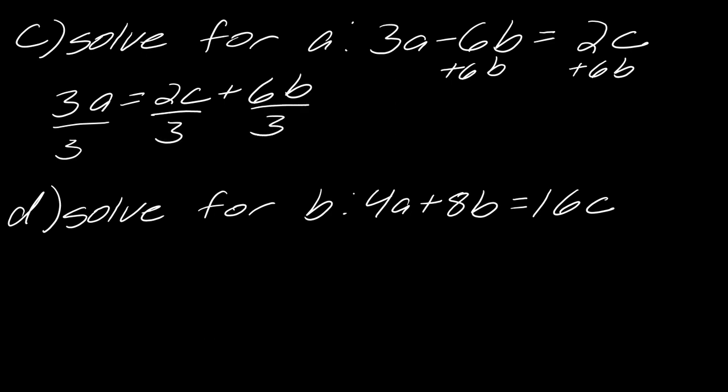Because then, look at this. On the left side, the 3's drop out. Looking at this part here, I can't simplify this any farther, right? 2 and 3, they don't go into one another. But 6 divided by 3 is 2. So this guy can be simplified, while this guy cannot. And that can happen, so you just want to watch out for that. So my final answer then will be 2c over 3 plus 2b. There you go.